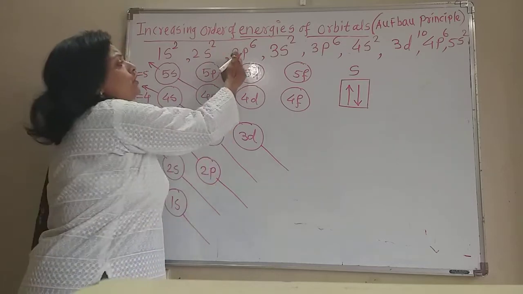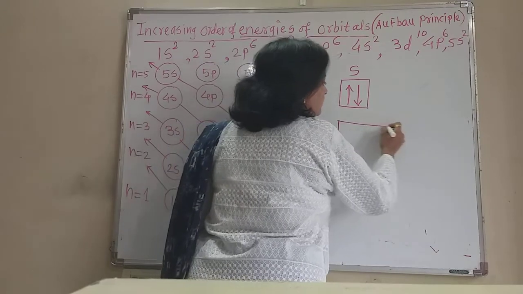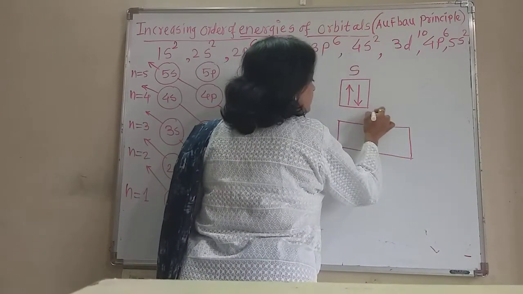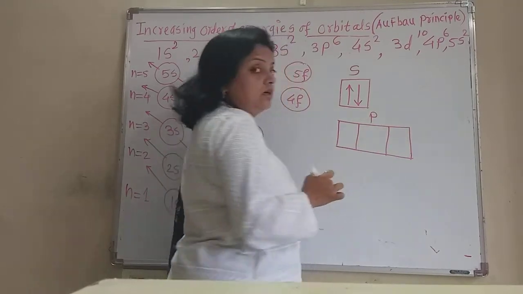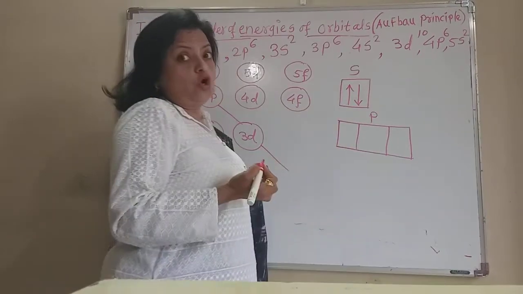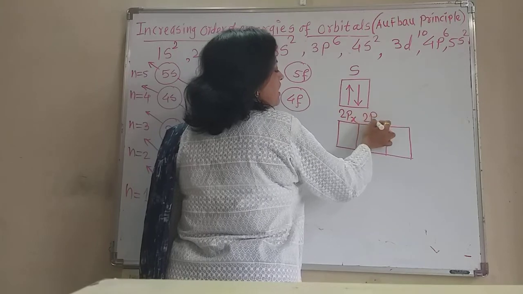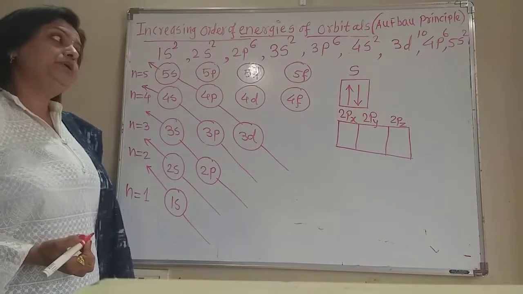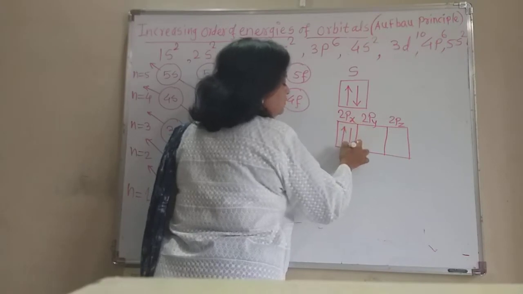Now the 2p orbital has 6 electrons. How? Because we know that for any p orbital, there are three types of p orbital. The 2p orbital contains 2px, 2py, 2pz orbitals. 3 types of p orbitals are there, and each orbital accommodates a maximum of 2 electrons.